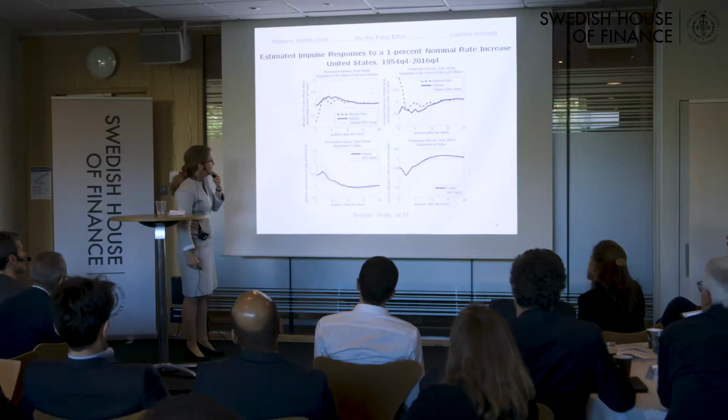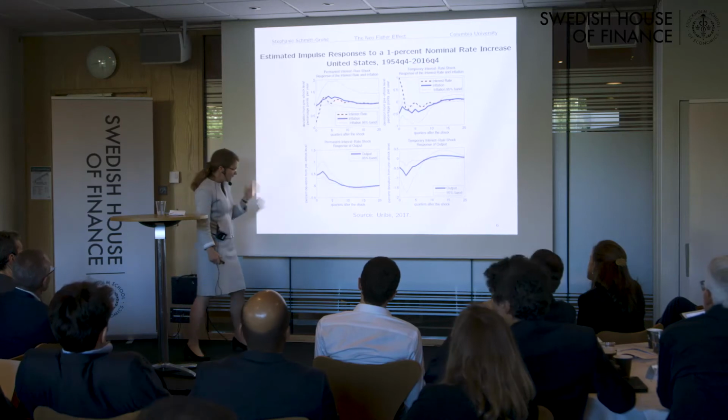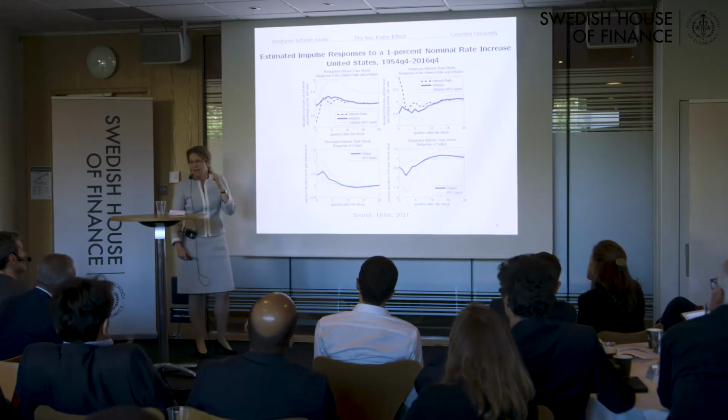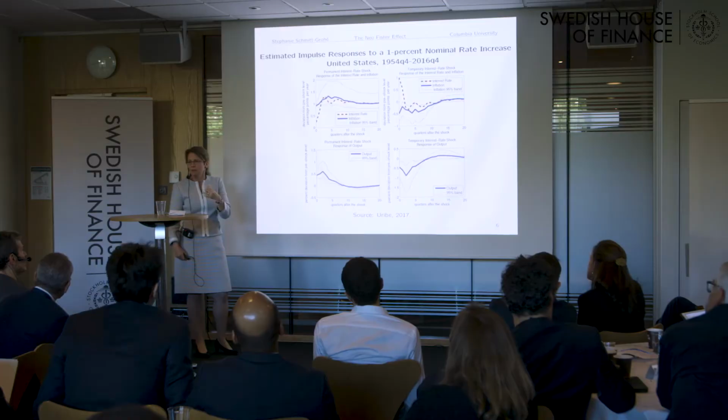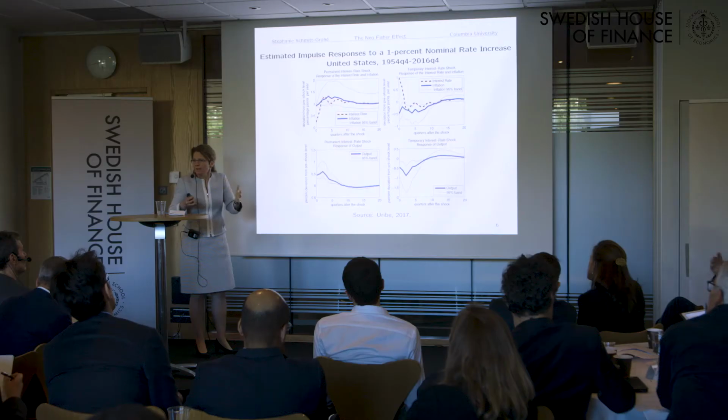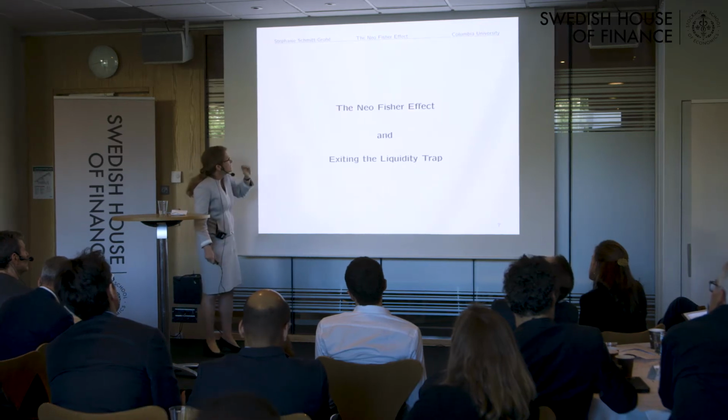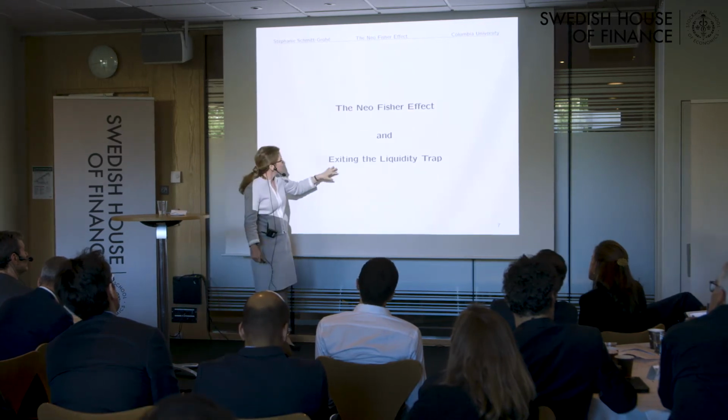Okay, so now that I have explained what the Neo-Fisher effect is, and I have given you some empirical support that that is what's going on in the data, why am I interested in that? Because this ties to our earlier work together and with Jess.